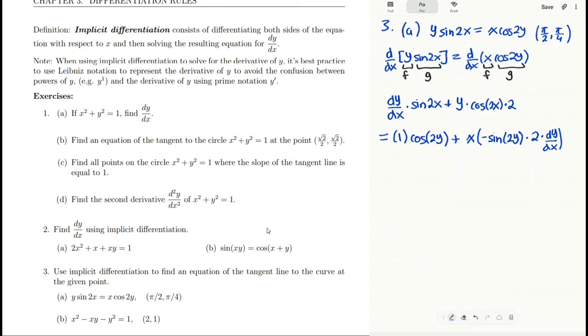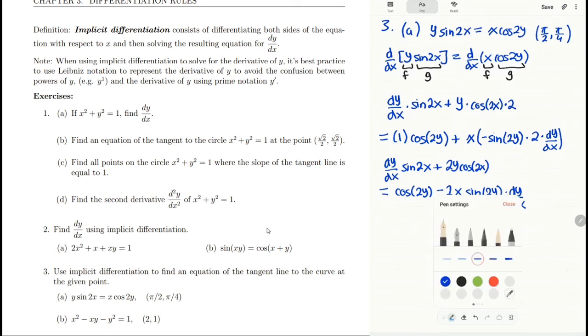So now let's simplify. We have dy over dx times the sine of 2x plus 2y cos 2x, and this will be equal to cos of 2y minus 2x sine of 2y times dy over dx. So now we'll move the dy over dx terms to one side.